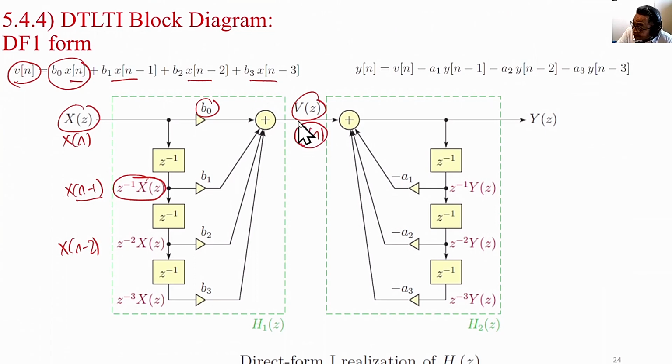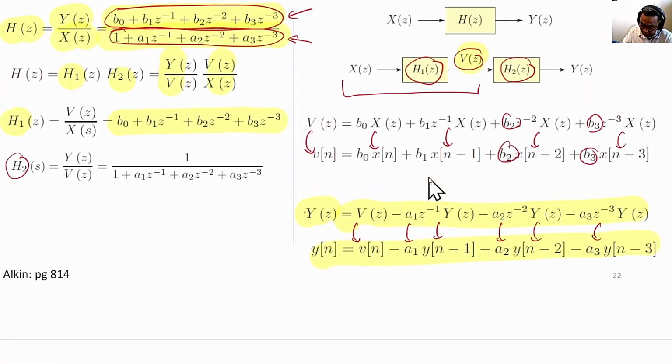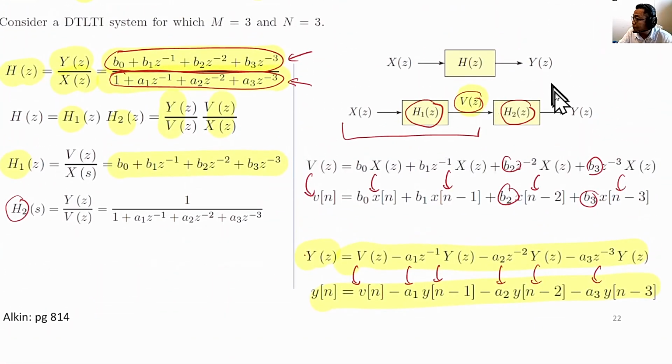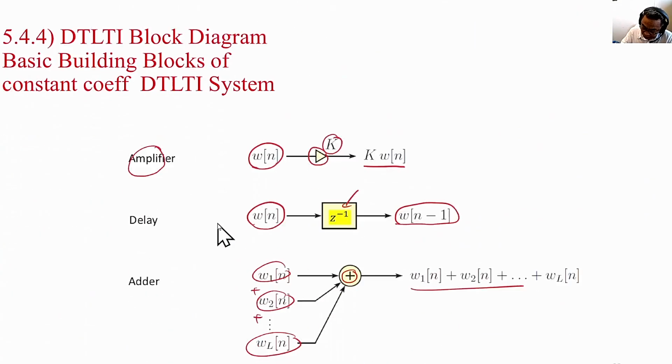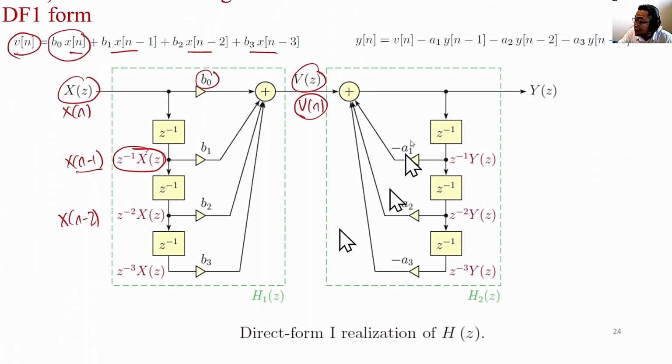Now, this V(z) is being passed through to get Y(z), as in the previous diagram. V(z) is being passed through H2(z), which is this. So what is Y(z)? Y(z) is of course y[n]. This is a delay. So what is this?